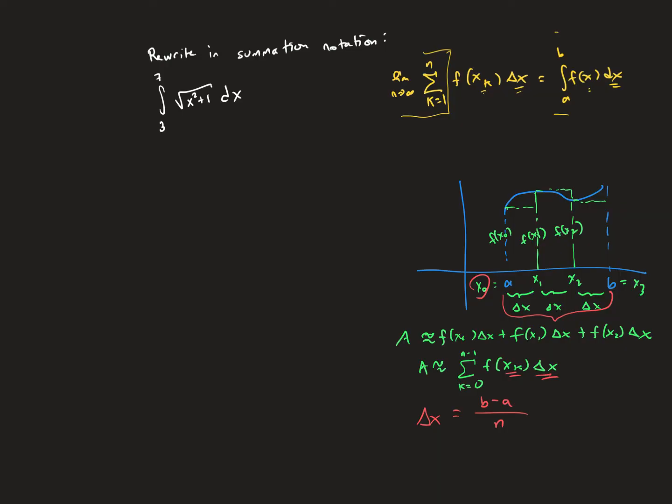And then if I look at each of these individual x values in here, x sub 0, we know that. X sub 1, sure, that's a different x value, but you could also arrive at that by starting with x sub 0 and adding a delta x. Basically here, adding delta x moves me to a new spot. And then go to x sub 2, I could take that value and add another delta x. And so forth.